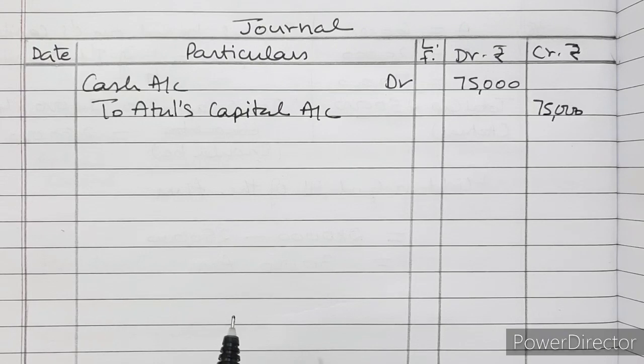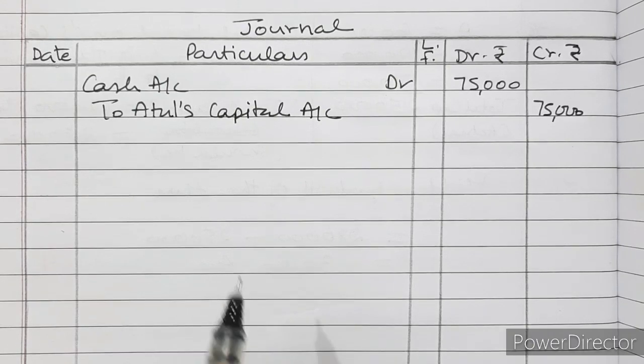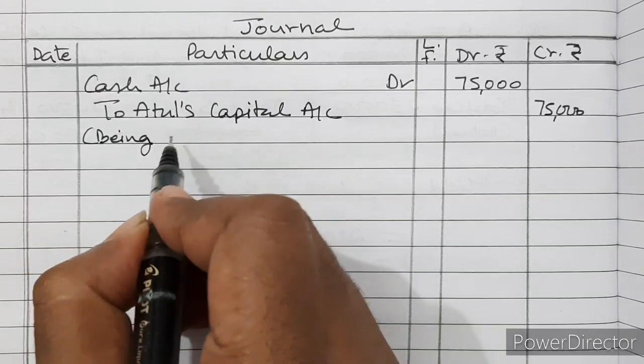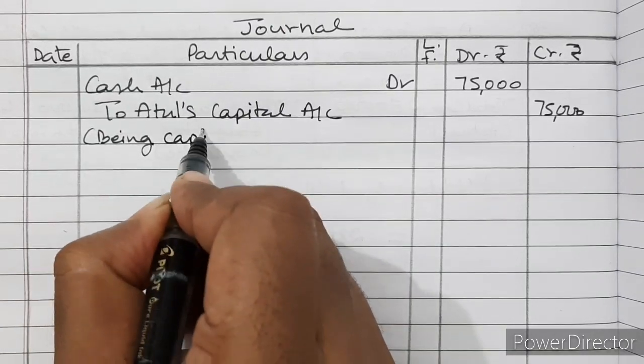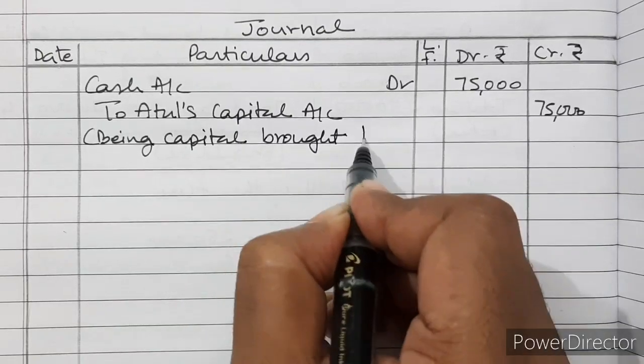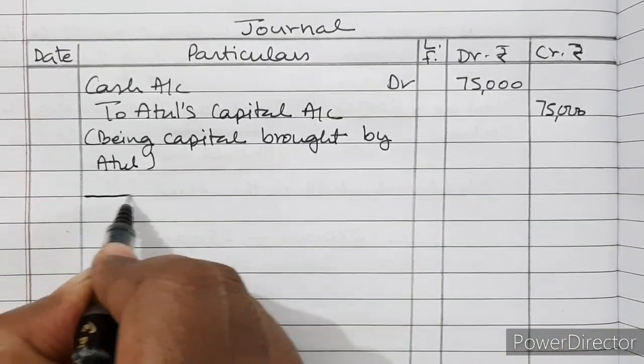Unless it is straightforwardly mentioned in the question that the new partner has brought his portion of goodwill, we should presume that he has not brought. So being capital brought by Atul, who is our new partner.